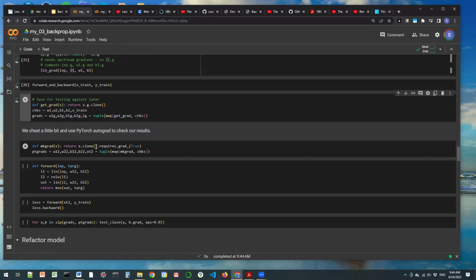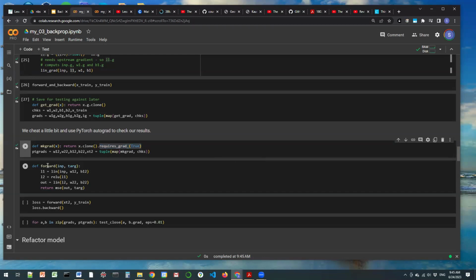And he says make grad, clone, and this requires grad true just says that for a variable in PyTorch, if we say requires grad equal true, that means you are allowing its gradient to get computed. So we do the PyTorch gradients we compute by saying map make grad. So here, this cell actually uses PyTorch to compute the gradient.